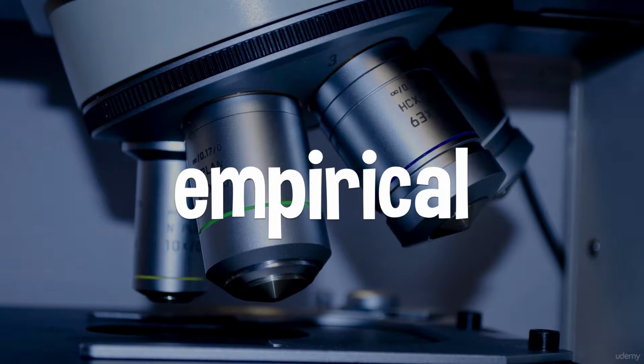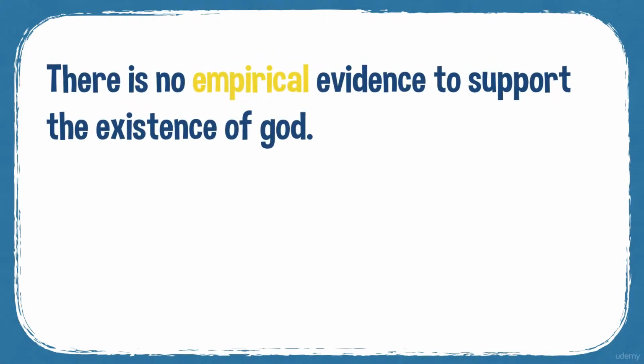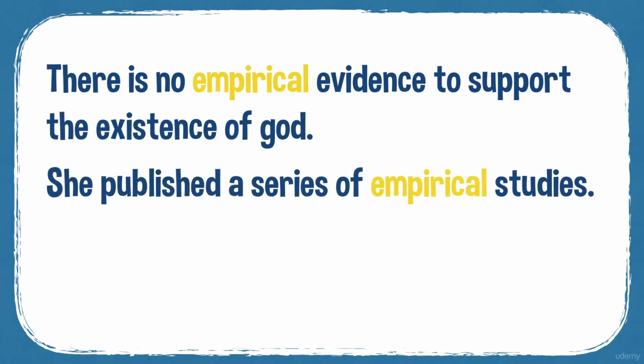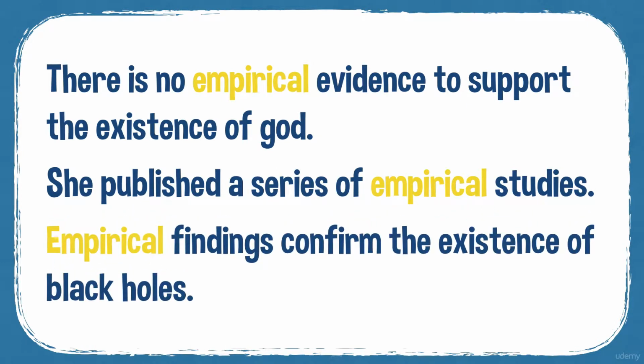So it's things you can see, things you can measure as evidence. So for example, there is no empirical evidence to support the existence of God. She published a series of empirical studies. Empirical findings confirm the existence of black holes.